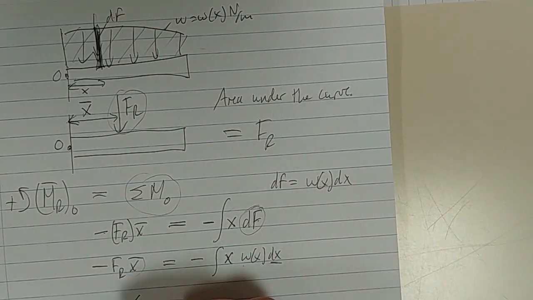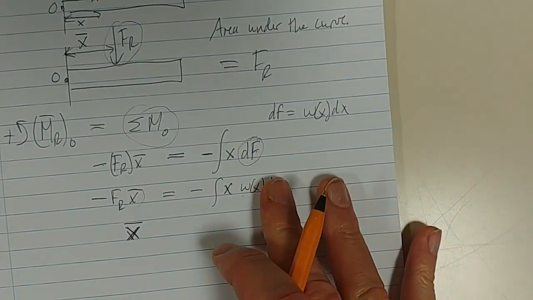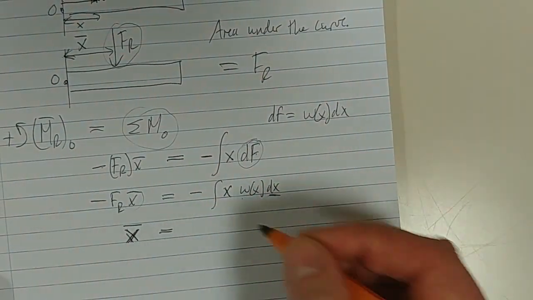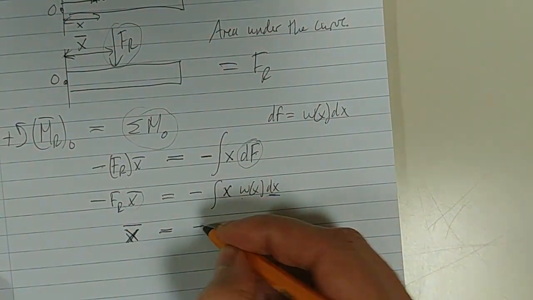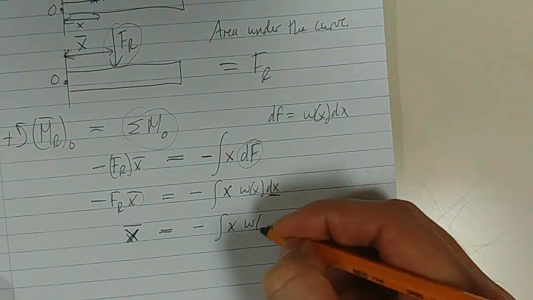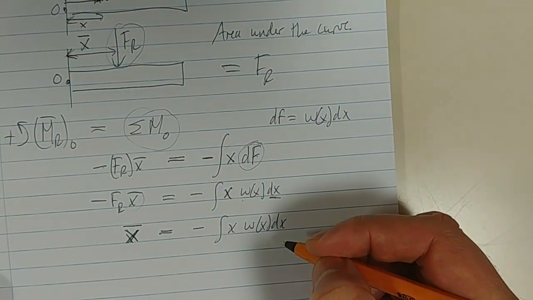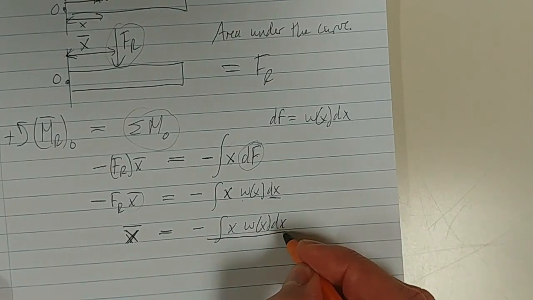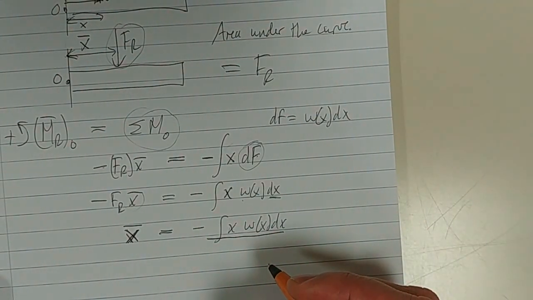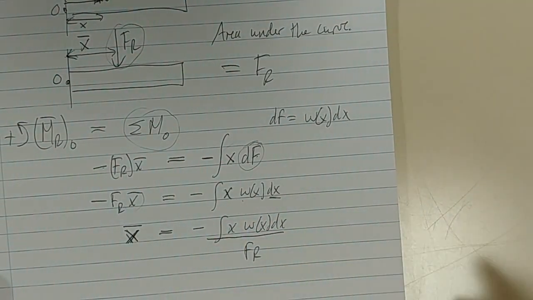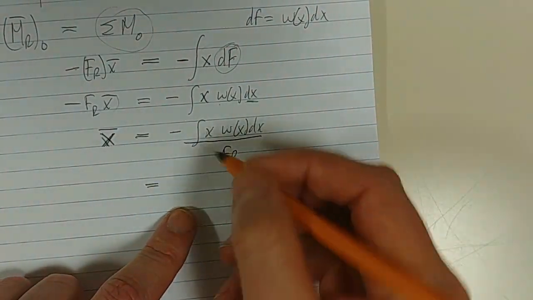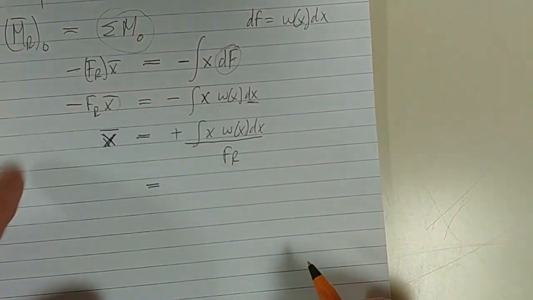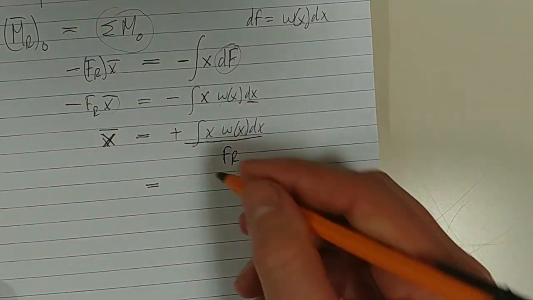Then if you solve for x bar here, remember, because we're looking for x bar, what we end up getting is the integral of x w(x) dx, divided by FR, okay? Hope that's clear. But then that actually should be a plus, because minus divided by minus.